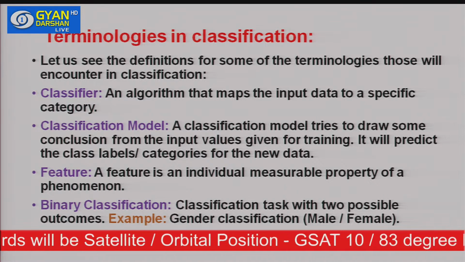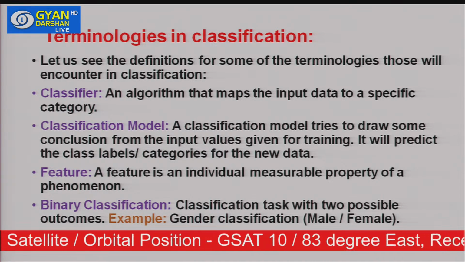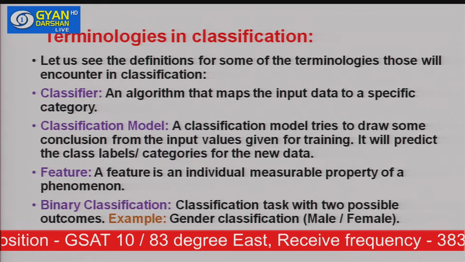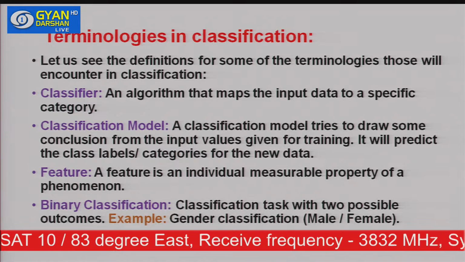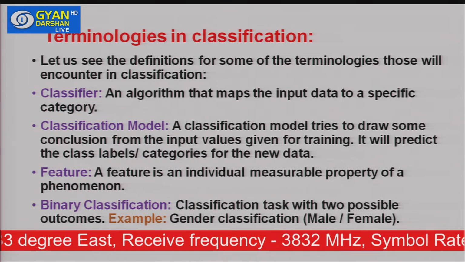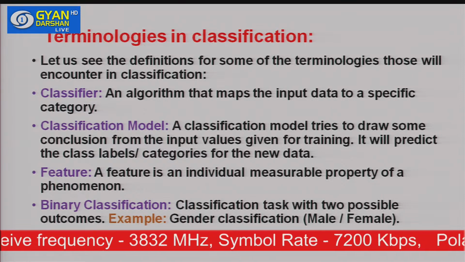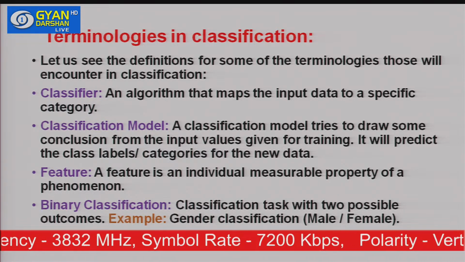So basically, once your system is trained, unknown data will be given to the system, and based on that it will try to predict whether it is going to fit into class A or class B or class C, right? That is what happens in the classification model.